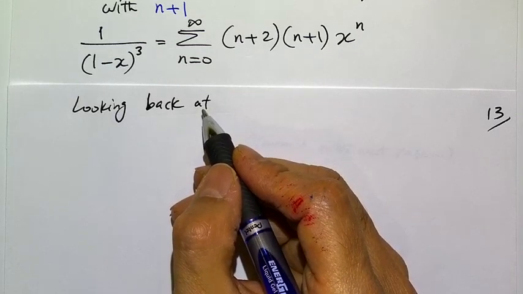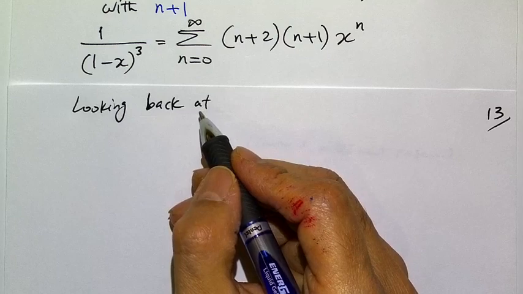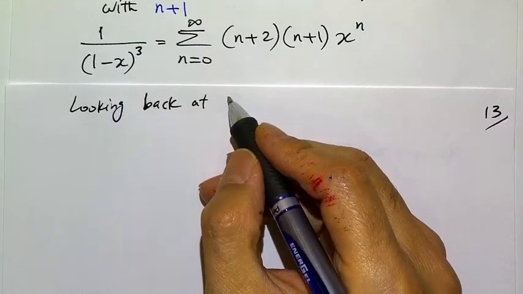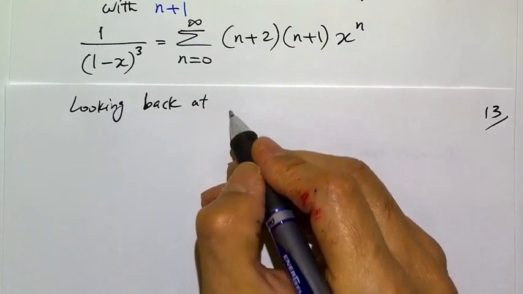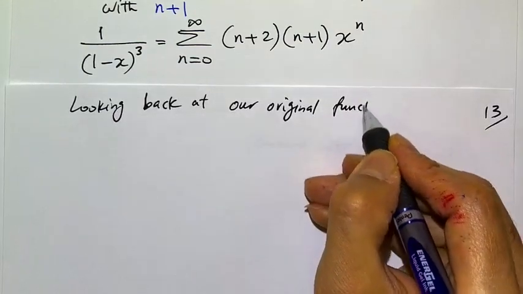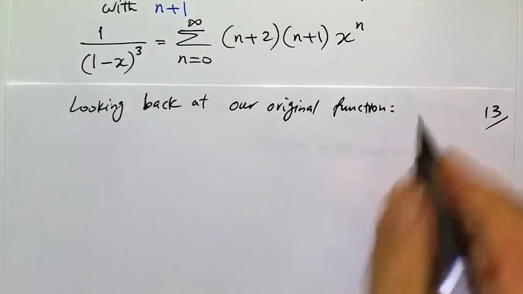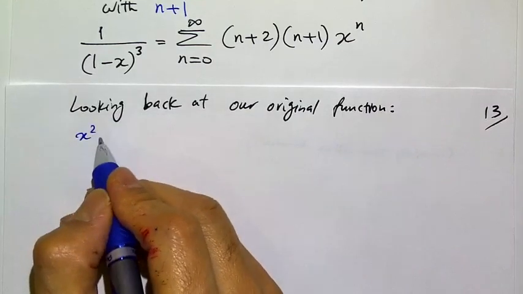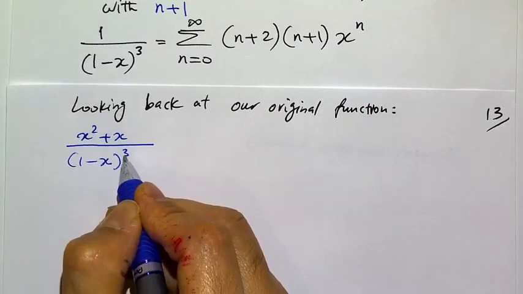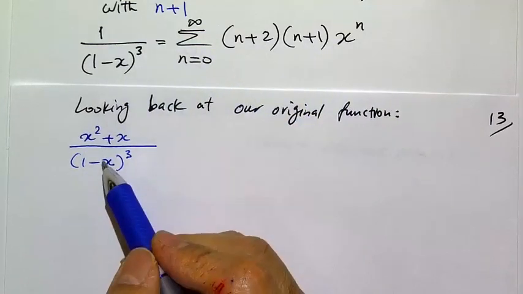I will probably need another page too. So looking back at our original function, this is what we had, x squared plus x over 1 minus x cubed, right? This is what we have so far, or represented with a power series, but this is what we have.